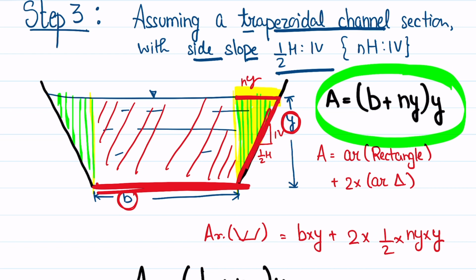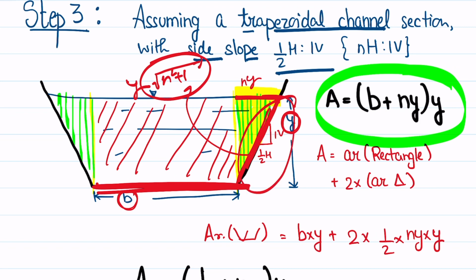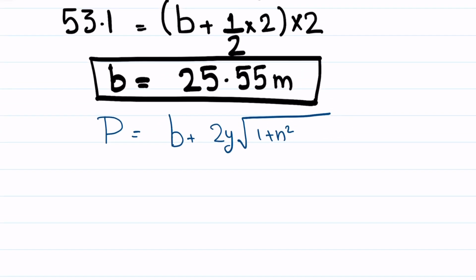The formula for the side slope is under root n square plus 1, up to the depth of y. Okay, so we have two side slopes, that's why into 2. So 2y under root 1 plus n square.